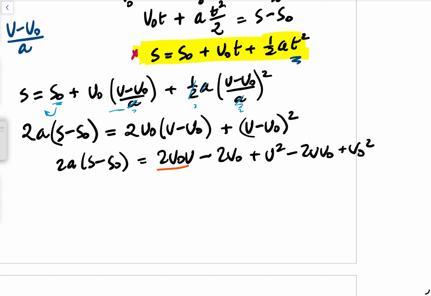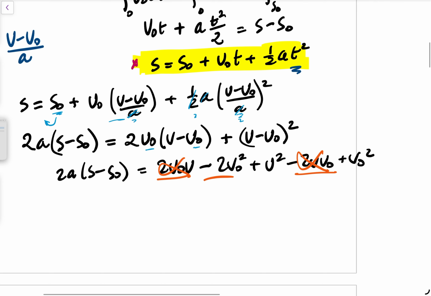I've got a 2v naught v minus a 2v naught v, so those cancel each other. I've got a minus 2v naught, and this v naught should be squared. This v naught squared came from this multiplied by this. So I've got a minus 2 v naught squared plus a v naught squared, so that gives me a 1 minus v naught, and I have a v.